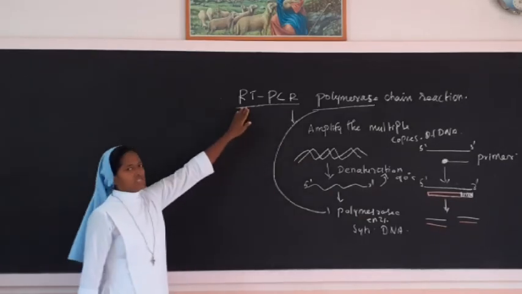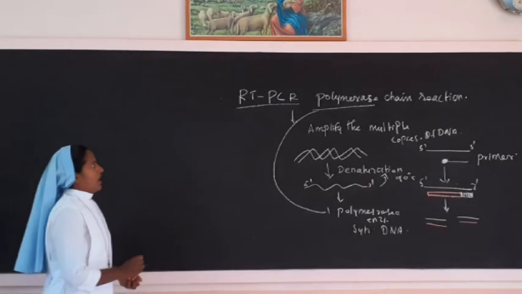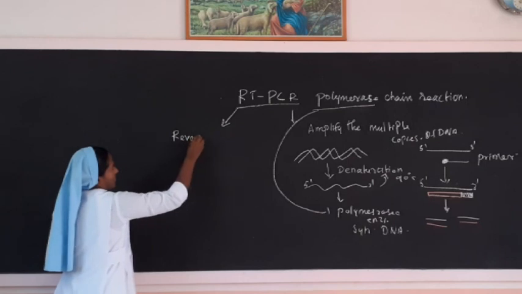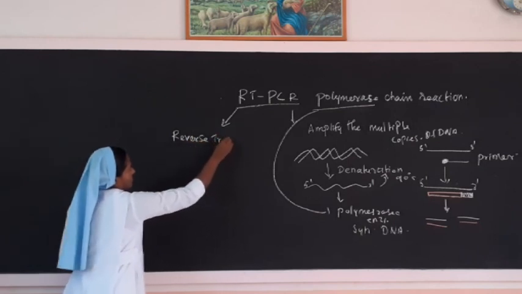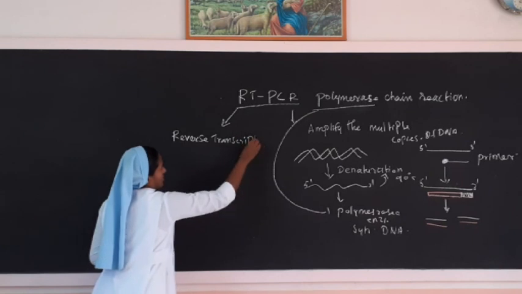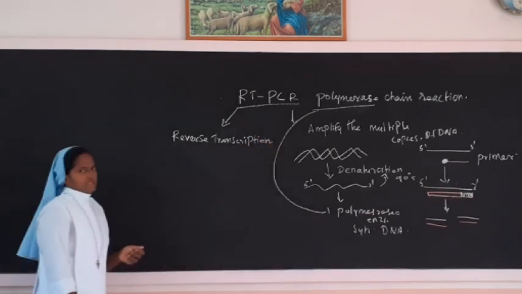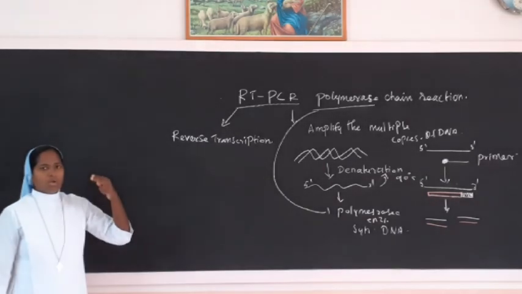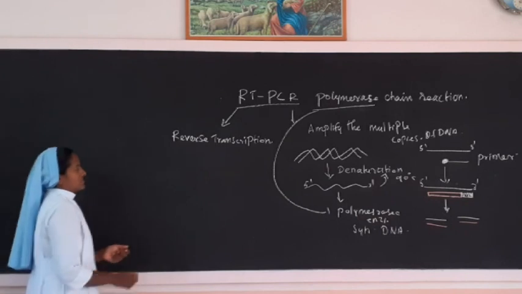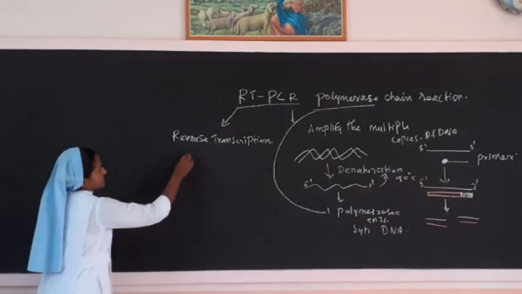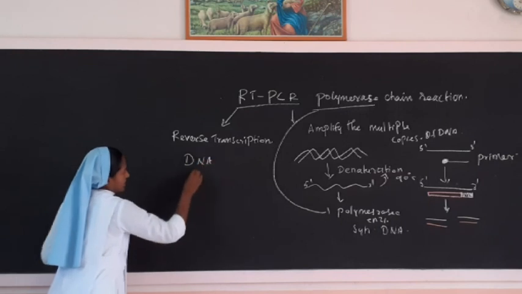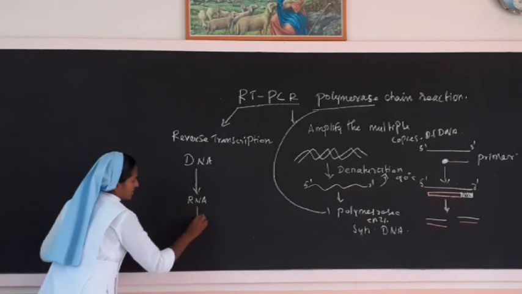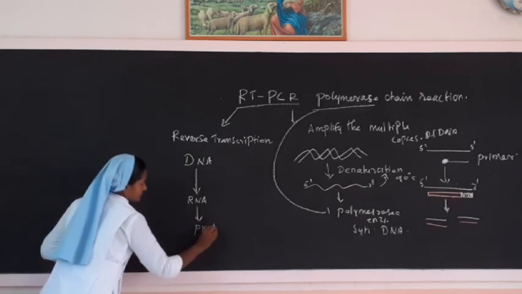Now we come to understand what RT-PCR is. RT means reverse transcription. For better understanding, we can recall the central dogma of molecular biology. It says that DNA converts into RNA, and RNA converts into protein.